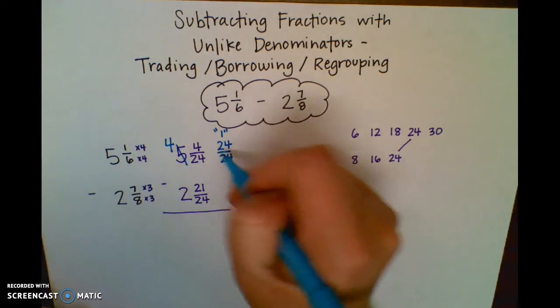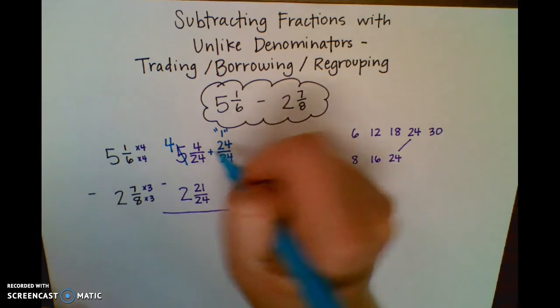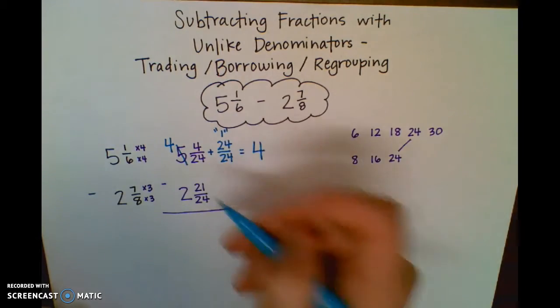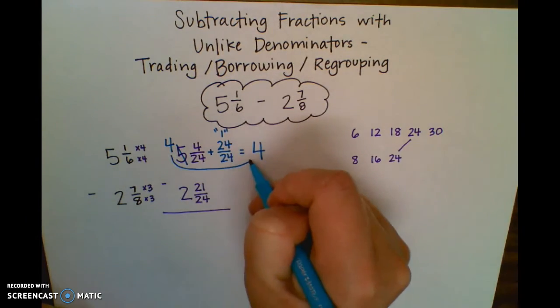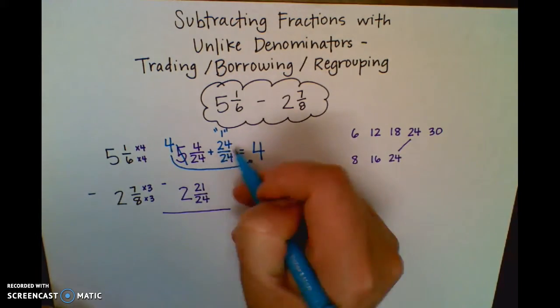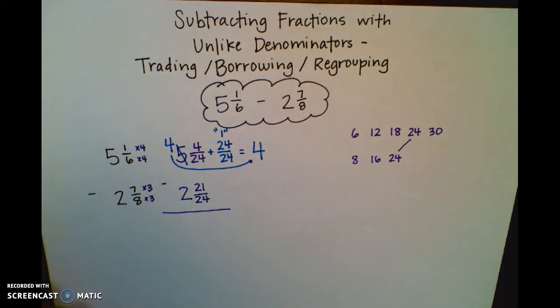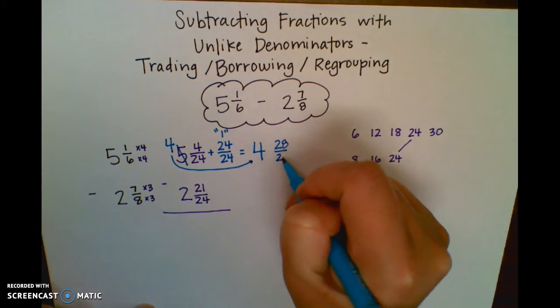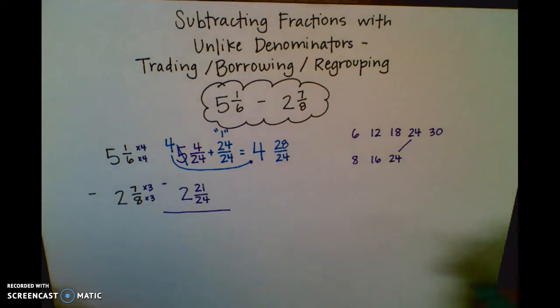But now I can put these two fractions together. So I have still my whole number, which is 4, so I'm just going to slide this over here. But now my fractions, I have 4/24 plus 24/24, and that gives me 28/24. And now I should be able to subtract.